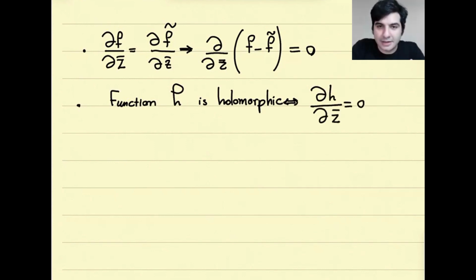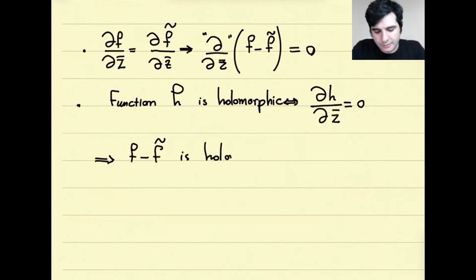So we learned this is another way of writing the Cauchy-Riemann equations, right? So if f minus f tilde has derivative with respect to z bar equal to 0, it means f minus f tilde is holomorphic. So let's denote the difference with h.